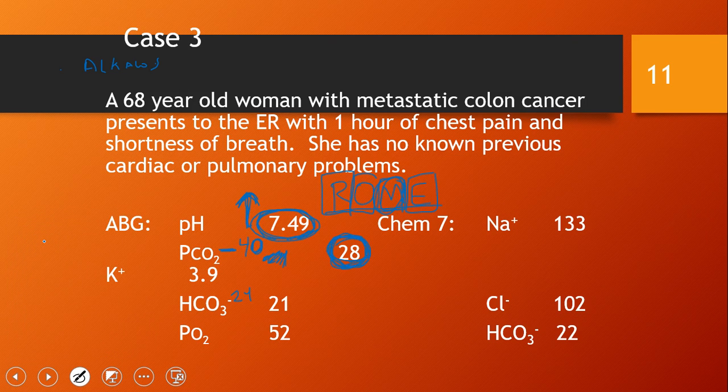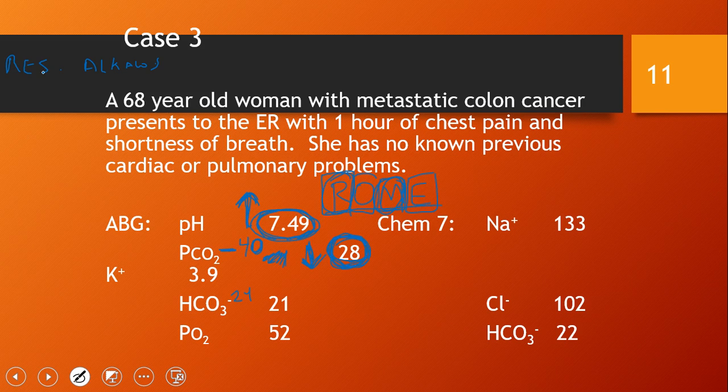So is his PCO2 less than or greater than 40? Well, clearly it's way less than 40, which means it's decreased. Whoa, that means we've got respiratory, because these are going in opposite directions. So we have respiratory alkalosis. Respiratory alkalosis.